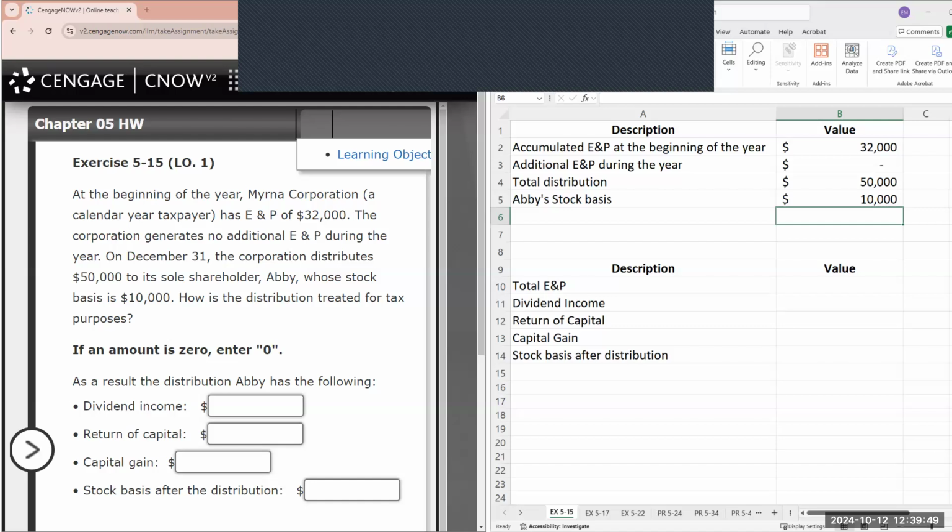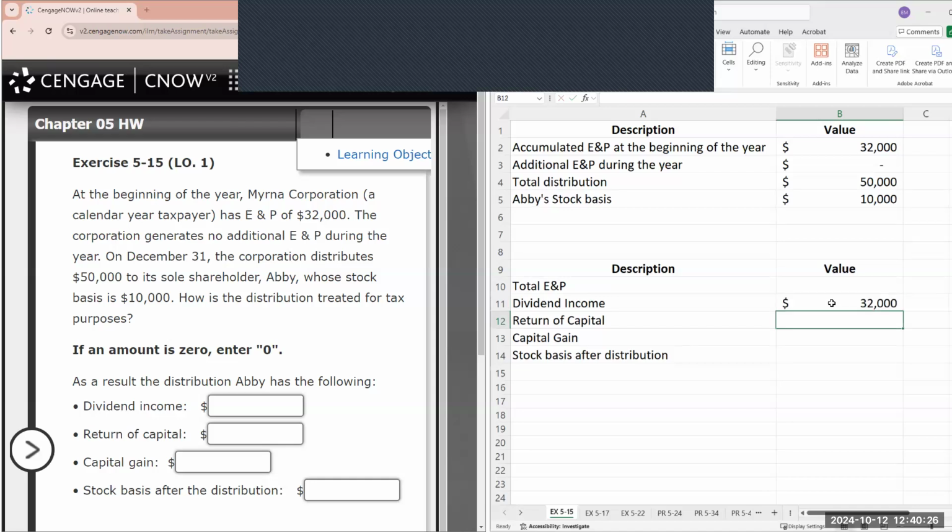So as we know, to the extent that a distribution is made from the corporation's earnings and profits, E&P, the shareholder is deemed to receive a dividend, treated either as ordinary income or as a preferentially taxed qualified dividend. Corporate distributions are presumed to be paid out of earnings and profits and are treated as dividends unless the parties to the transaction can show otherwise. So in this case, Abby is going to recognize dividend income of 32,000, to the amount of the earnings and profits distributed.